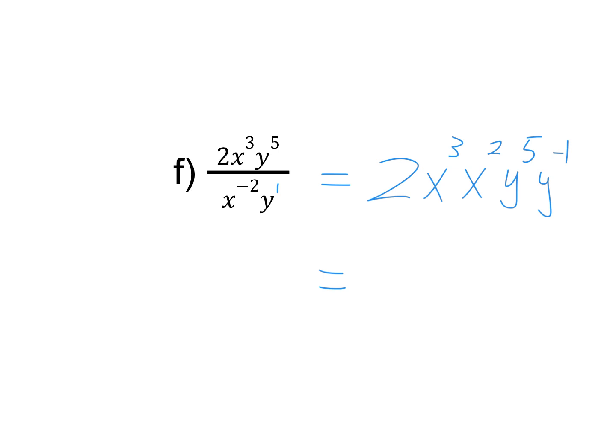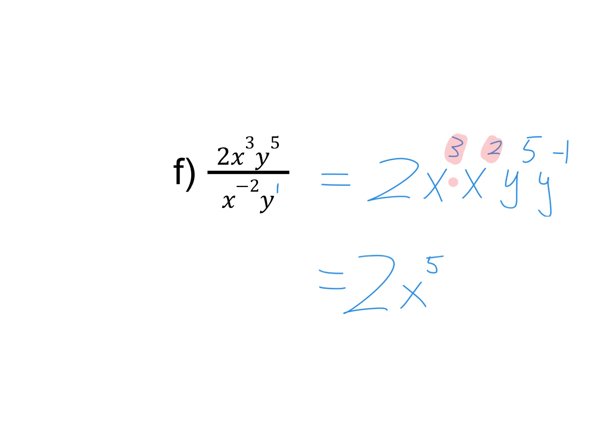So I have two x variables with different exponents, and these x's are being multiplied. So I still have my 2, and so then I will have x to the power of 3 plus 2, which in this case would simplify to 5.